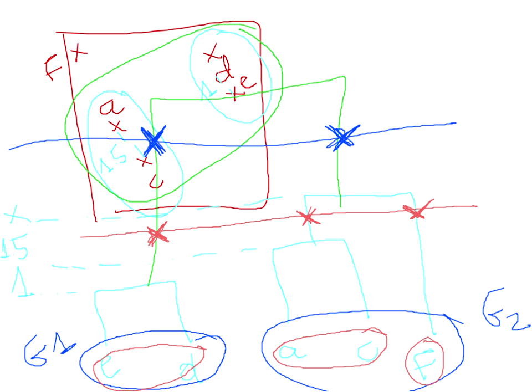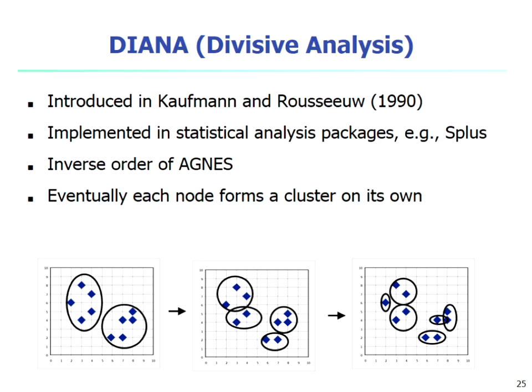So here we discuss how we merge 2 groups of data. We can calculate the distance between 2 tuples, but we don't have an idea about how we can calculate the distance between 2 groups of data.